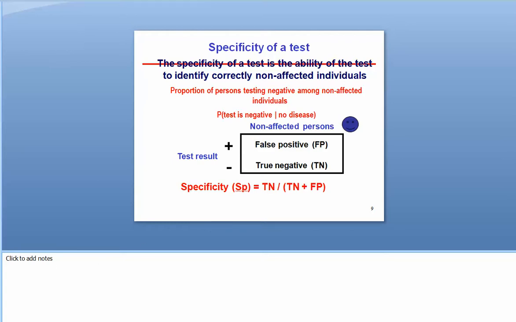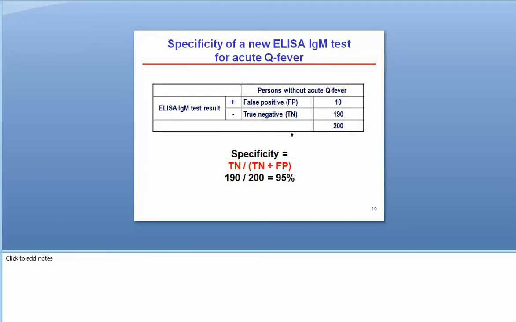Okay, so now let's go to the next slide. So here's how you calculate the specificity in an example. You have altogether 200 who are not affected, and 190 came out to be truly negative. Okay, and then there were 10 for whom the test result said positive.